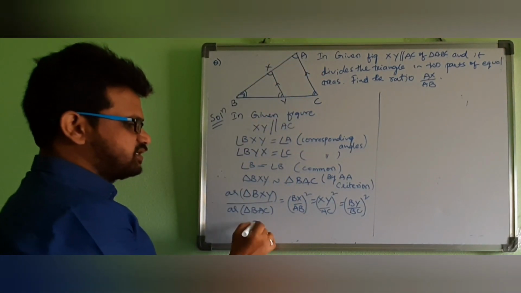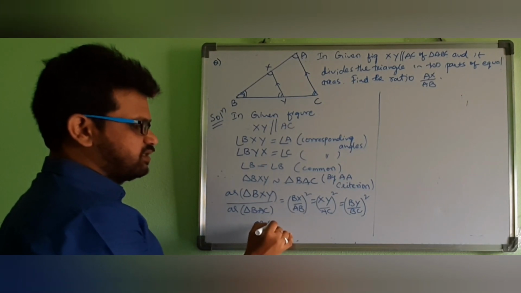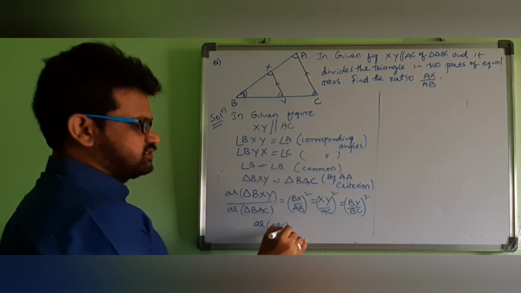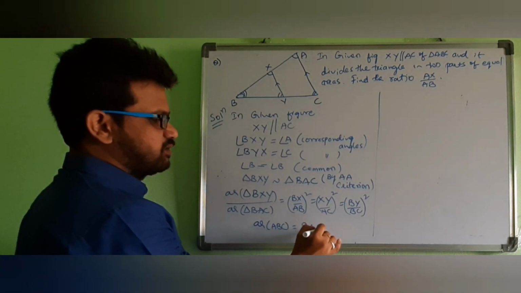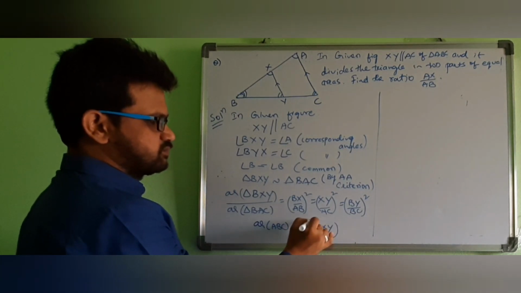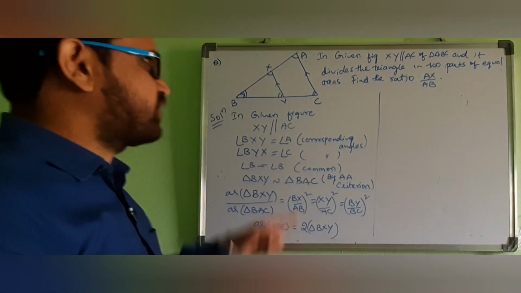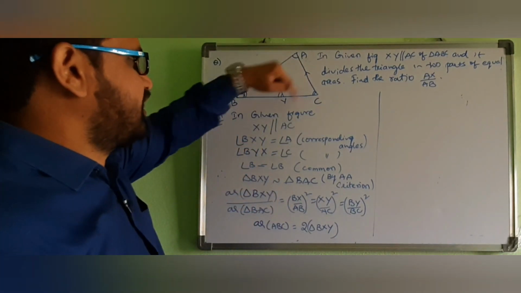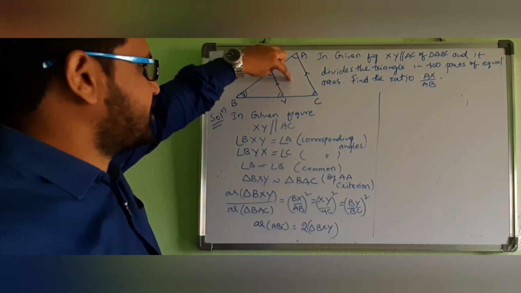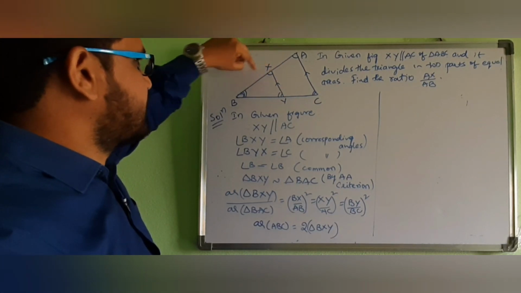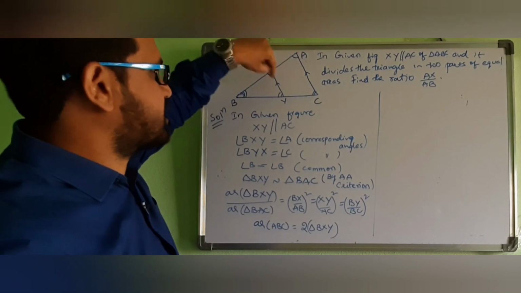So we can write that area of triangle ABC is equal to 2 times the area of triangle BXY. Here no need of the area of the trapezium. So the total area is equal to the sum of these two areas. These two areas are equal, so the area of triangle BXY is equal to the area of this trapezium.